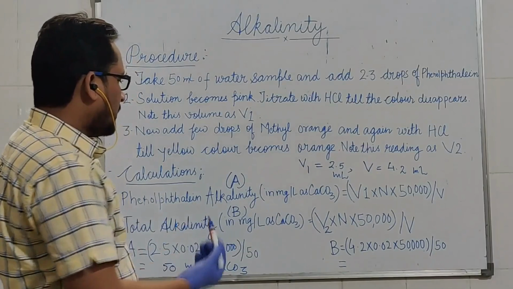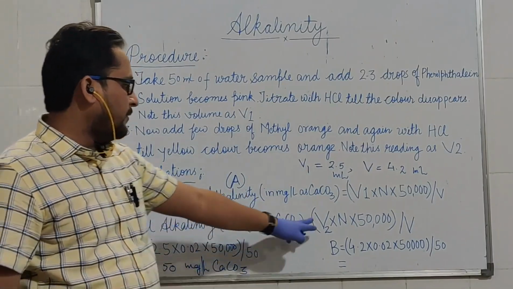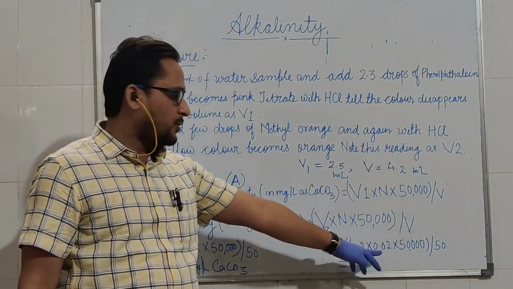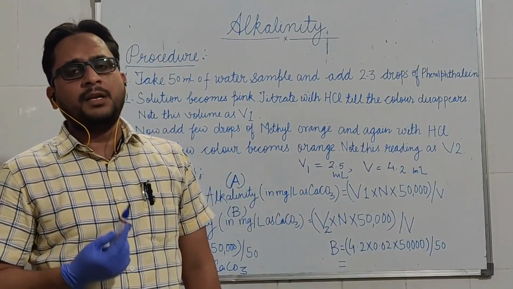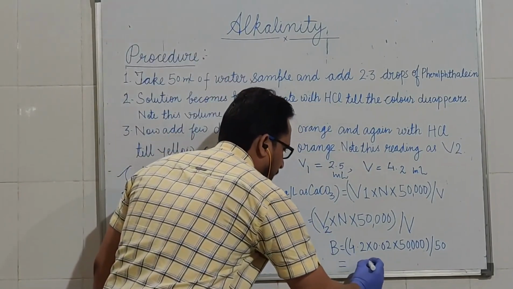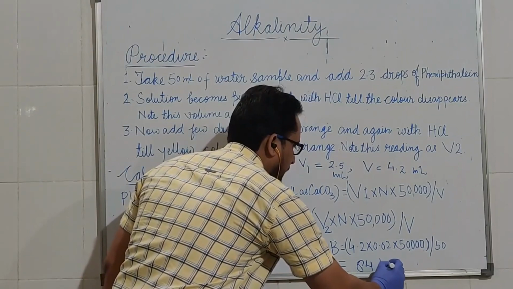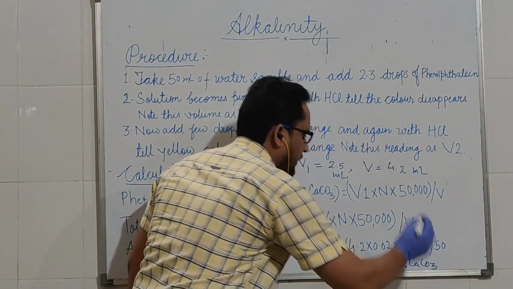While for total alkalinity, applying the same formula, V2 is 4.2 multiplied by 0.02 multiplied by 50,000 and divided by the 50 ml, which is the volume of sample, we get 84 milligrams per liter of CaCO3.